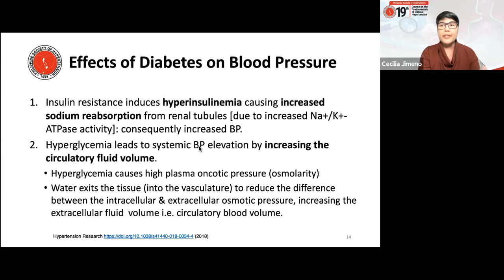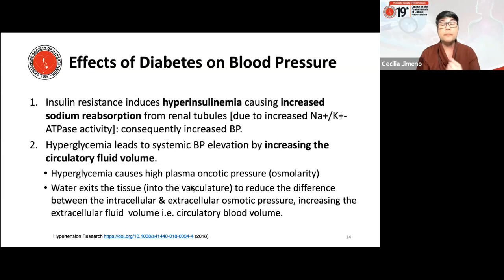And so even very early on, before we develop full-blown diabetes, there's an increase in sodium reabsorption from the renal tubules and consequently an increase in the blood pressure. Once we have full-blown diabetes or even in pre-diabetes, the hyperglycemia leads to systemic blood pressure elevation by increasing the circulatory fluid volume. You remember that glucose attracts water because of its high plasma osmolality.